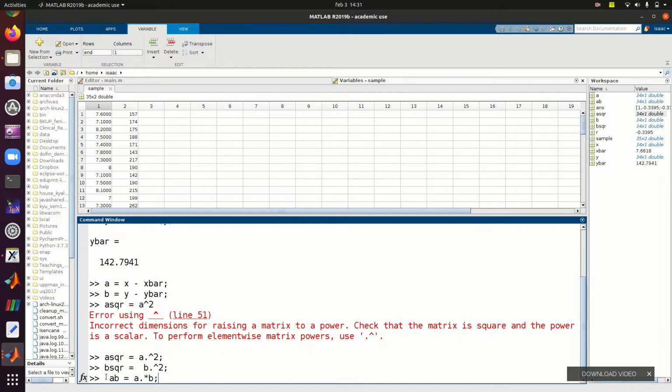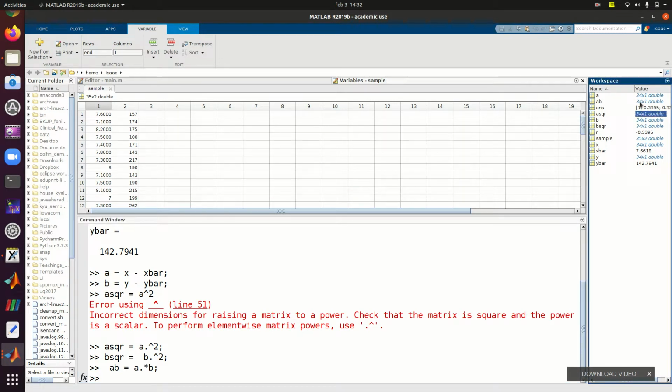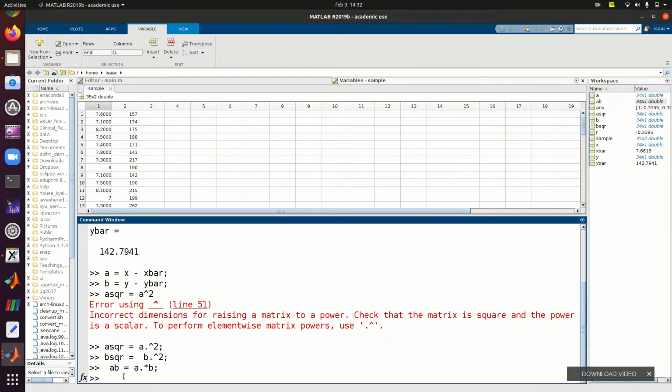So that is why we do that. Then AB, you can check here, is also a column vector.